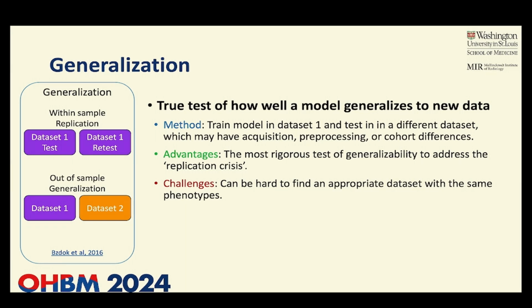We want our results and our models to work in this way. It's the most rigorous test of generalizability and really the strongest answer to the replication crisis. But it can be pretty hard because these data sets are usually quite different in terms of their acquisition, their processing, even cohort differences. And so this is a challenging, but I think important aspiration to keep in mind as a field.